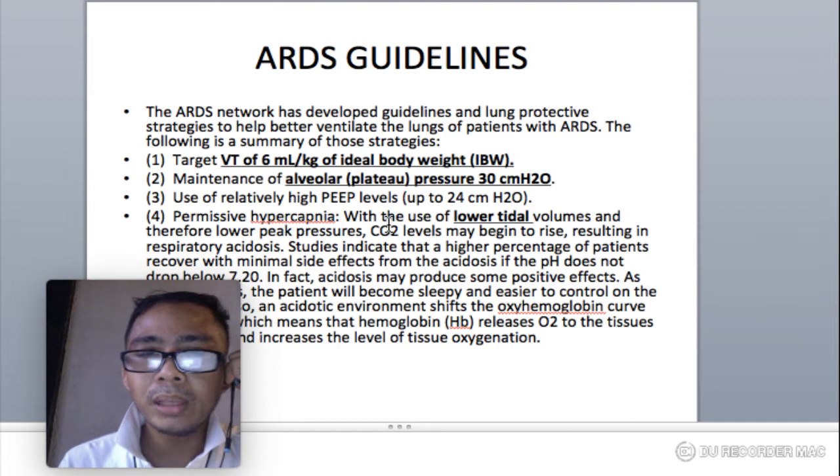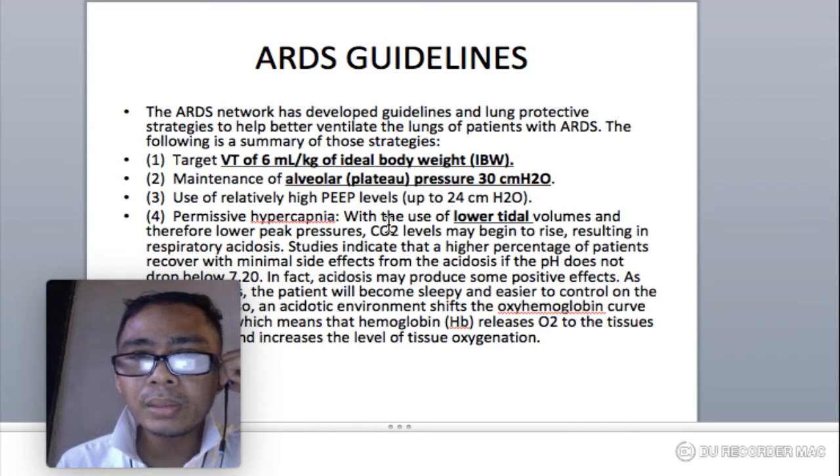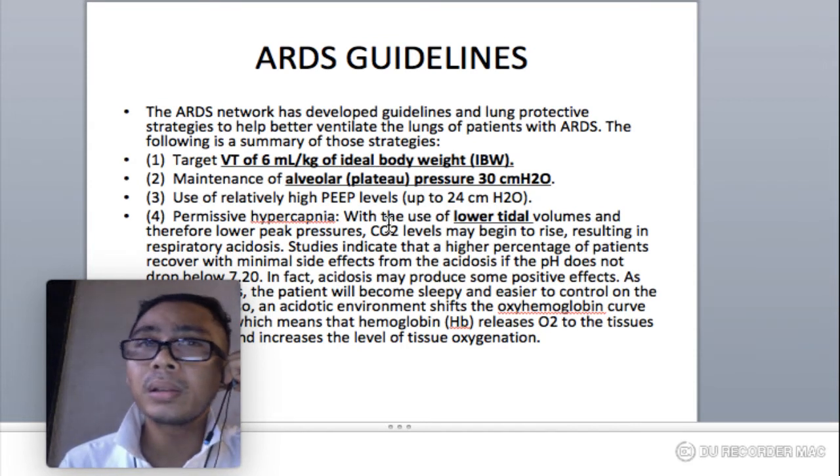So you are promoting a higher level of carbon dioxide. The condition is only temporary, because it's called permissive hypercapnia. The CO2 levels begin to rise, resulting in a respiratory acidosis.